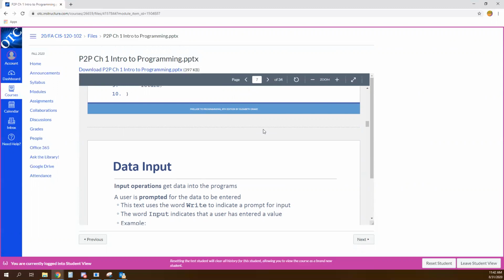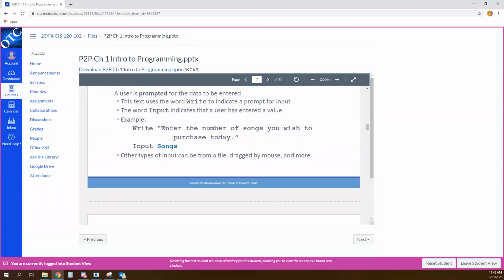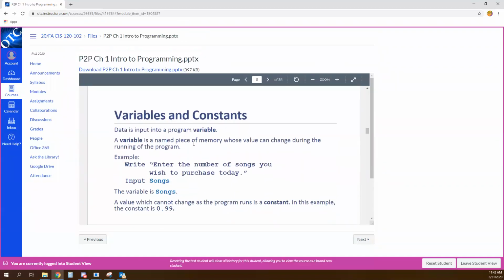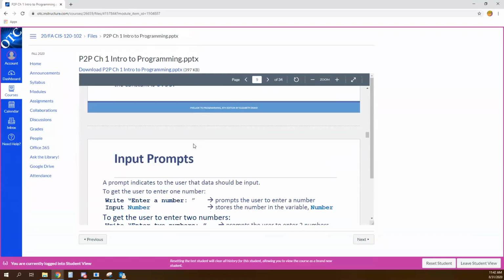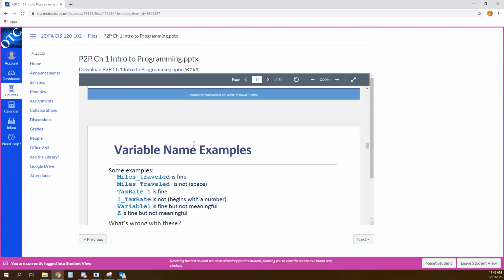Okay, so we saw that we're going to use the write statement to prompt the user for input, and then we're going to use a variable to hold their input. We saw some rules about naming variables and how those kinds of things are going to work. How to name them.